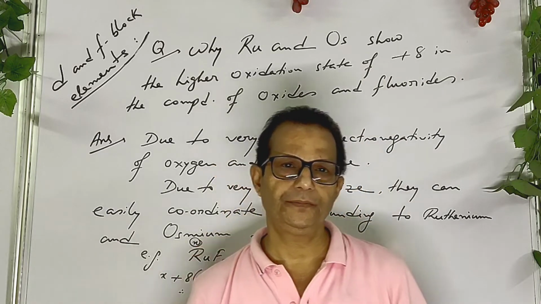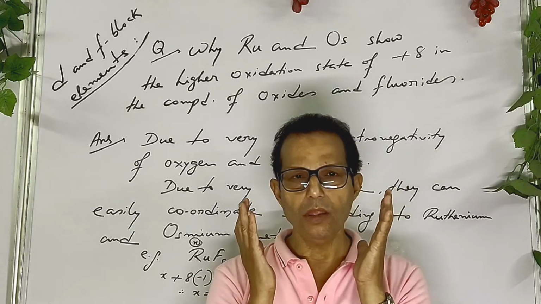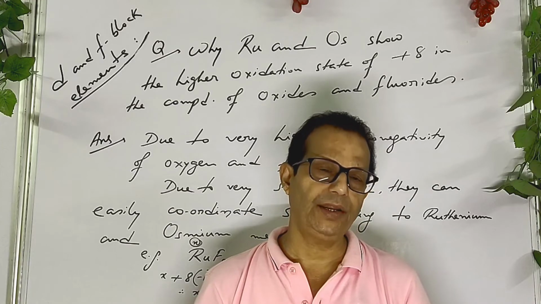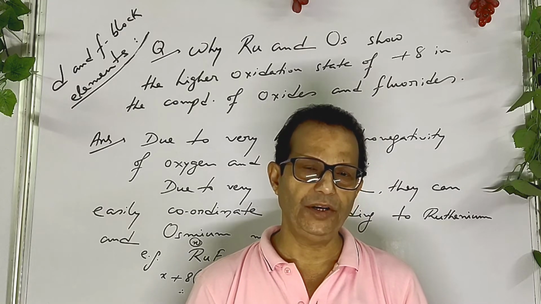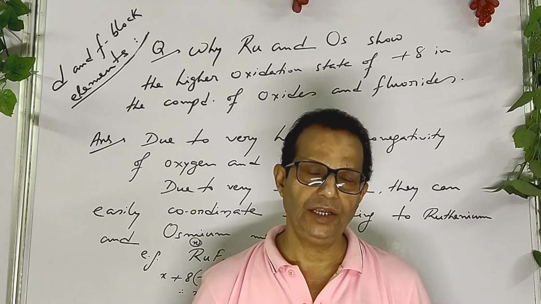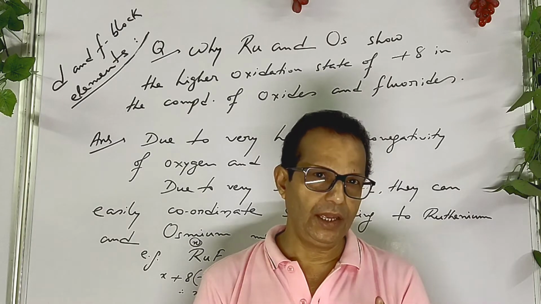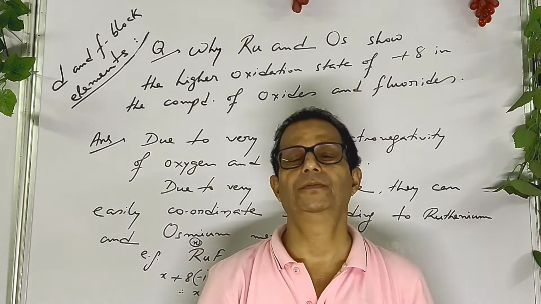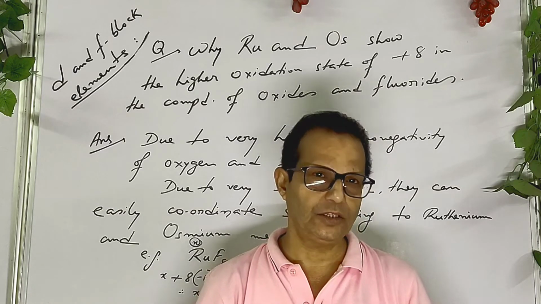Listen to the answer. Don't write, I have already written on the board. Due to the very high electronegativity of fluorine, that is 4.0, and oxygen, that is 3.5, they form very strong bonding with ruthenium and osmium. That is one reason.